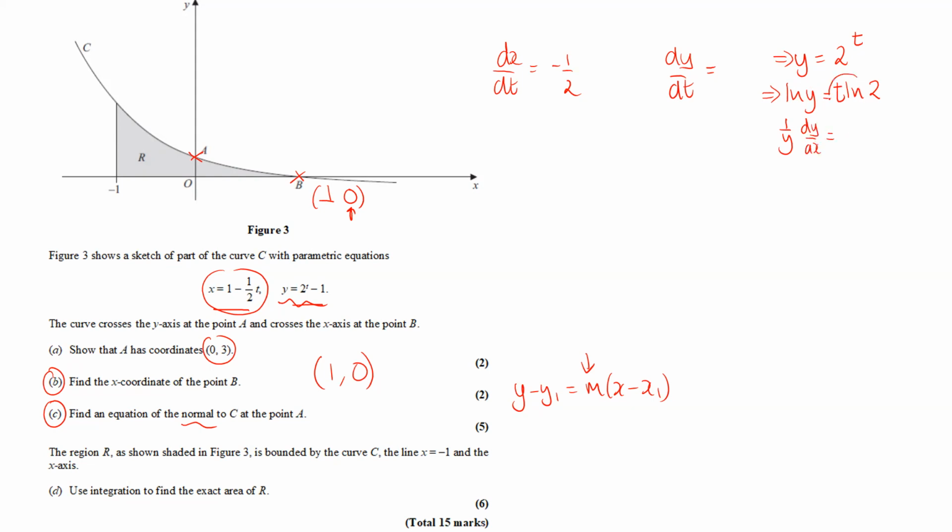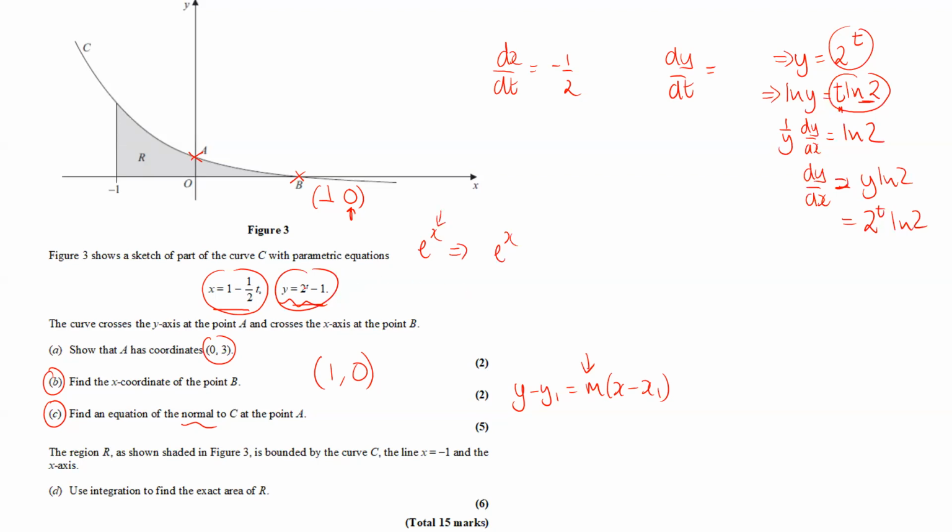And then what's the differential of this side? This is just a constant times t. So how do you differentiate like 3x? It just goes to the constant. So this will be the ln of 2. And then dy by dt, just cross multiply, take that y up, is y times the ln of 2. And then what was y? y was 2 to the t. So this is 2 to the t ln of 2. So whenever you've got this situation, you know that e to the x differentiates to e to the x, so it's a little bit like that.